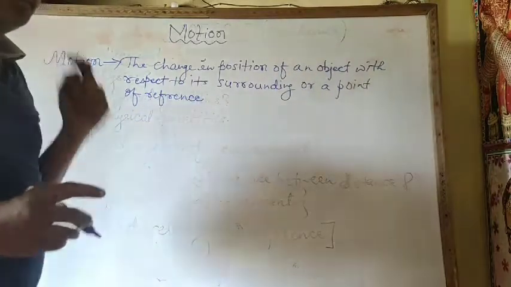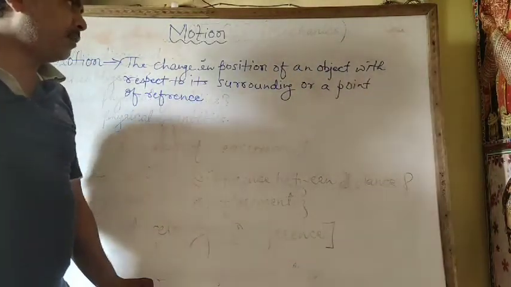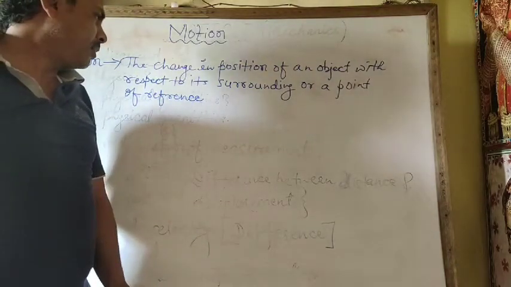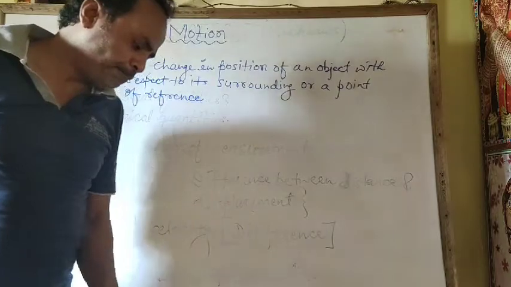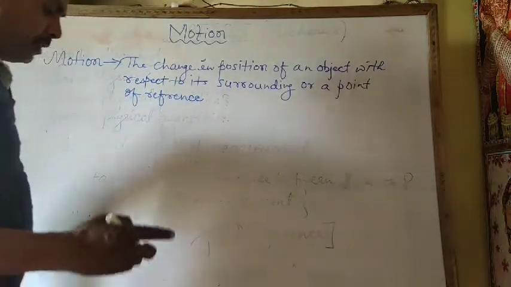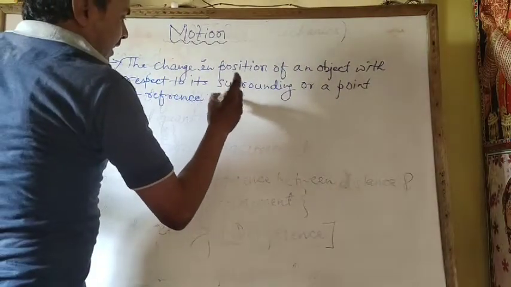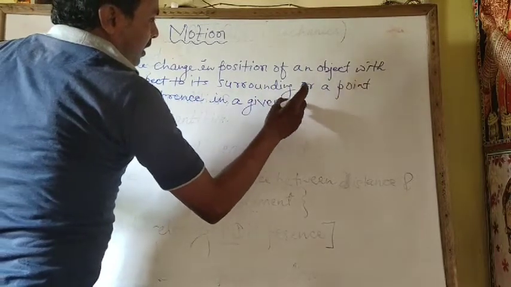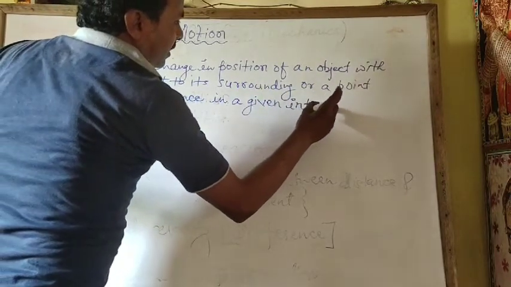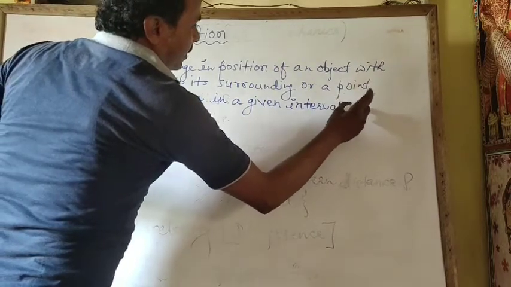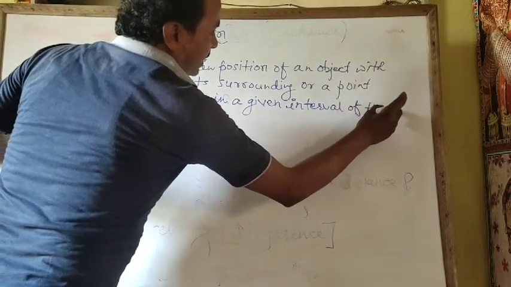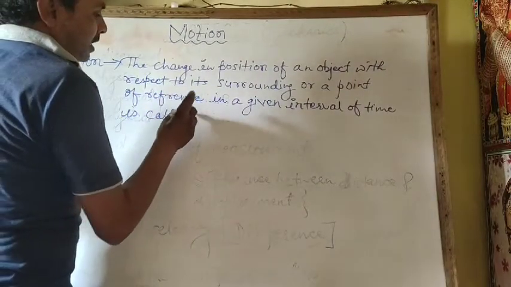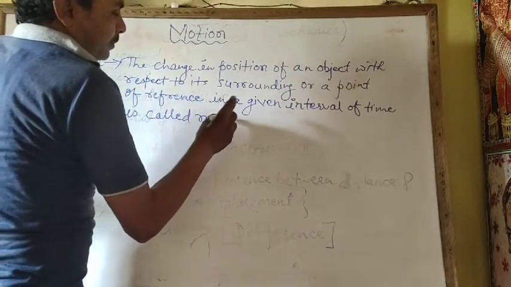What I have written: the change in position of an object with respect to its surrounding or a point of reference in a given interval of time is called motion.